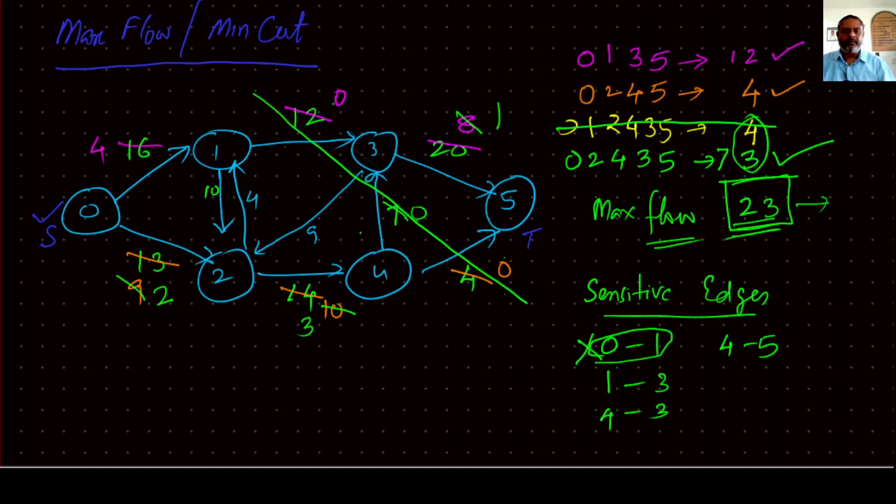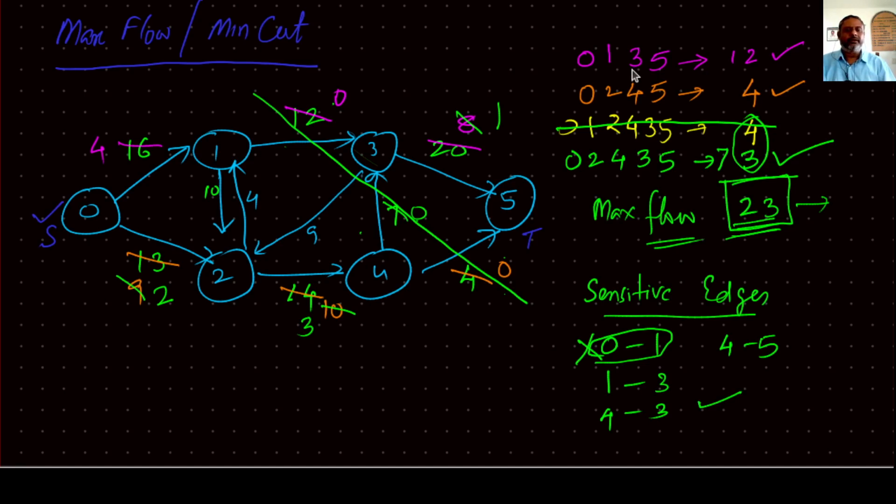Yes, this is the most sensitive cut that's going to disturb our network to its maximum. Then what are the sensitive edges we have in our network, so that we need to give more attention to these edges. So these are the 3 questions we needed to find the answer, and we found them.